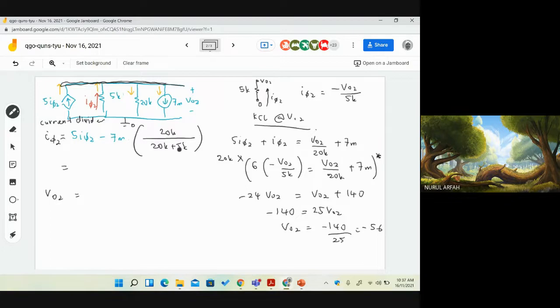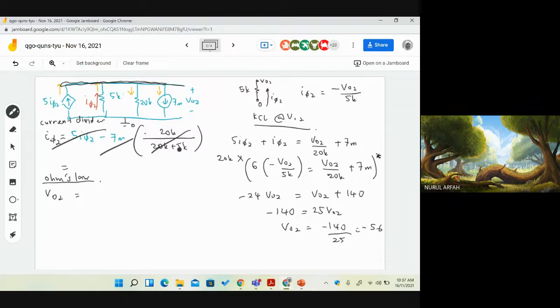Kenapa saya buat macam ni? Tapi ni macam susah sebab what you want is resistor darab dengan voltage kan? Oh, okay. Patutnya senang lagi. So the current tak boleh. Yang ni no. Yeah, we use another one, Ohm's law. Ohm's law, I think this one better.